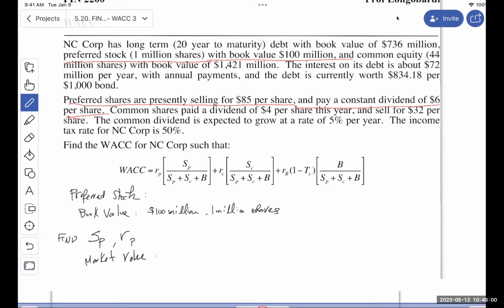What's the outstanding market value? It's $85 per share, and 1 million shares is $85 million.